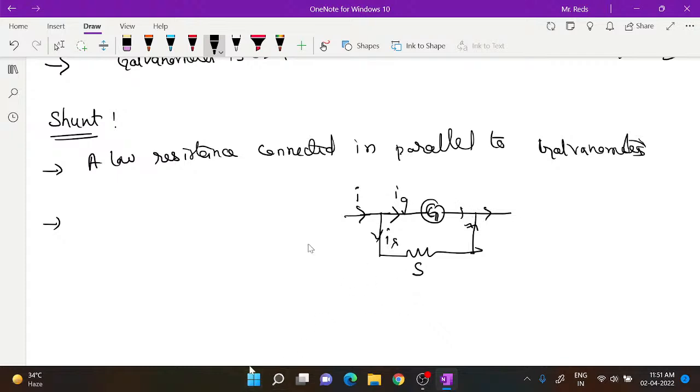If you mark these two points as A, B or P, Q, then from Kirchhoff's current law, the current approaching the junction is equal to the sum of the currents leaving the junction. So I is equal to Ig plus Is, right?